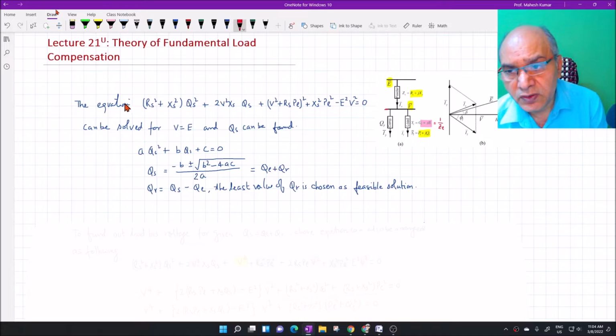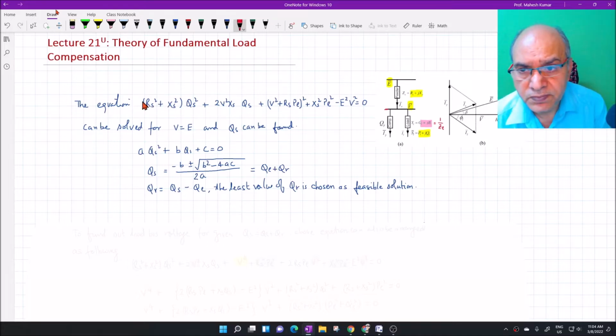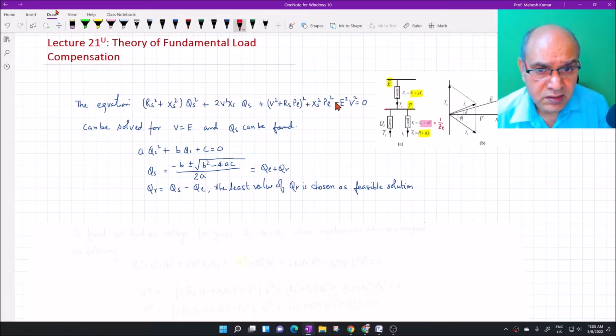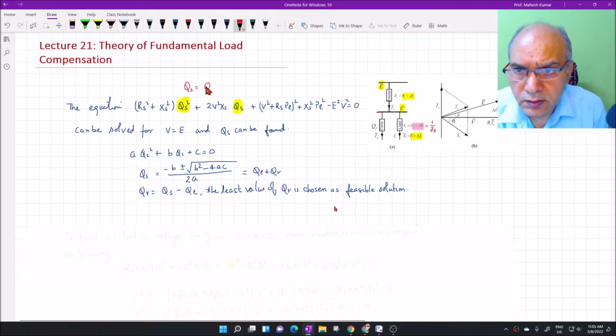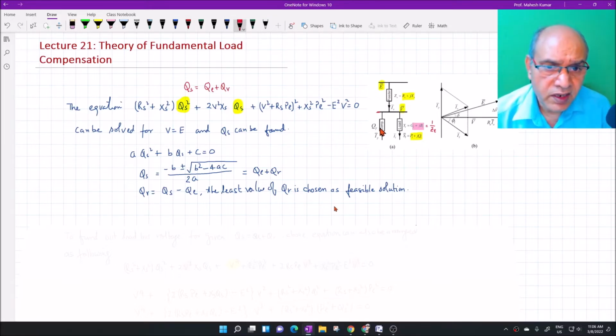So we have developed this equation in the previous class based on the voltage equation through the feeder impedance. This equation is basically quadratic in QS, as you can see. This value of QS is actually QL plus Q gamma. So Q gamma is here, that is the reactive power compensator or simply compensator.